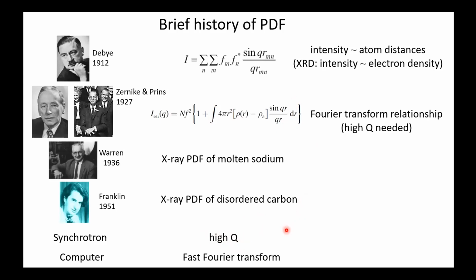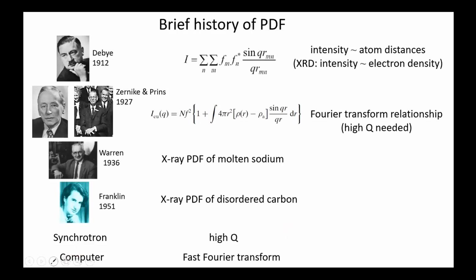But in reality, we cannot afford to do that. So we want to cover a Q range that is as high as possible, such that we can have a meaningful Fourier transform. That's the motivation why we always want to pursue high Q, because the better the high Q you get, the higher the quality of the Fourier transform you will get.